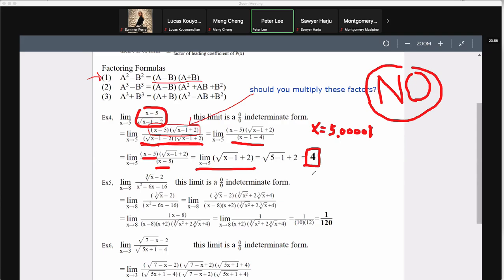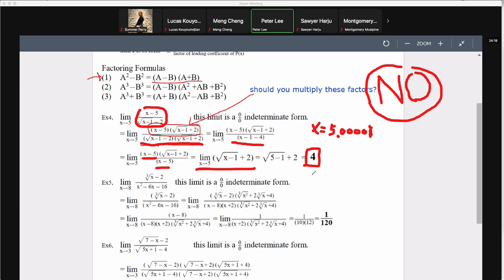Maybe 3.99999 or 4.000001 or something. And you can see, I think the answer might be 4. But it's not conclusive. Who knows? Maybe the answer is 4.0001 or 4.1. You don't know. So in any case, you can use a graphing calculator to get a hint. That's fine if you want to do that.